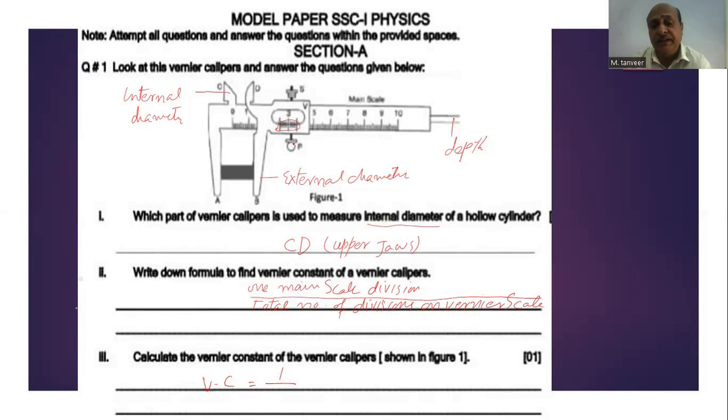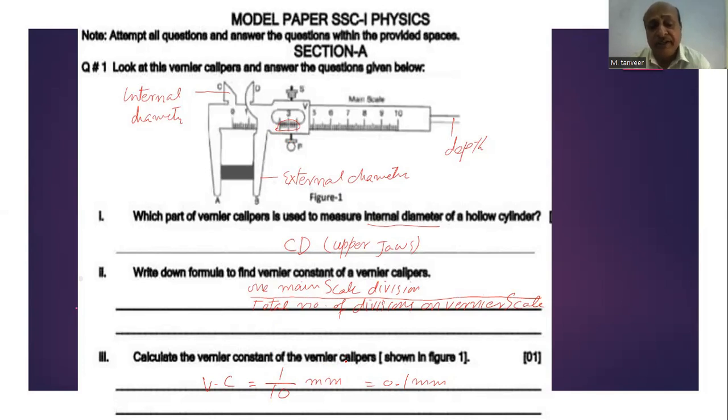This is the vernier scale and it has 10 divisions. So 1 divided by 10, it is in millimeter, or you can write 0.1 millimeter. That's correct.